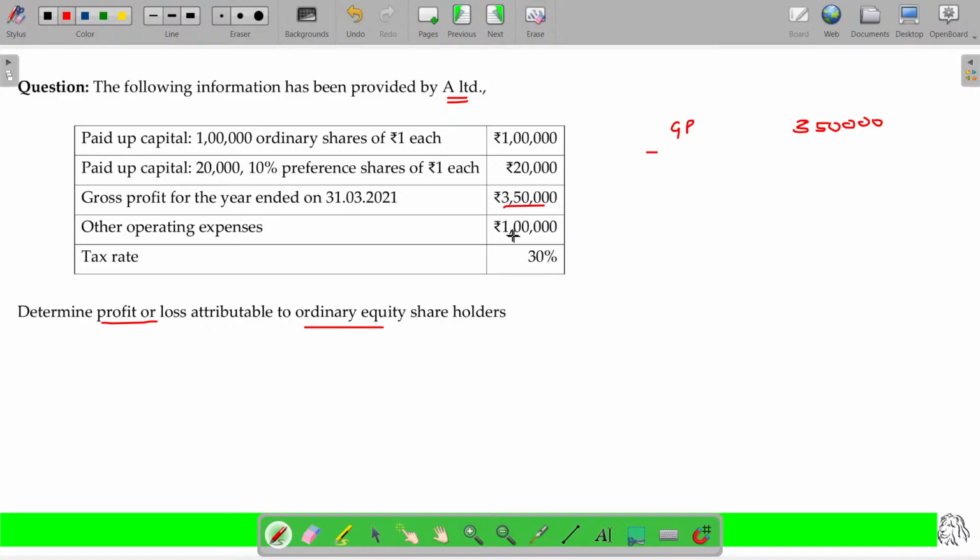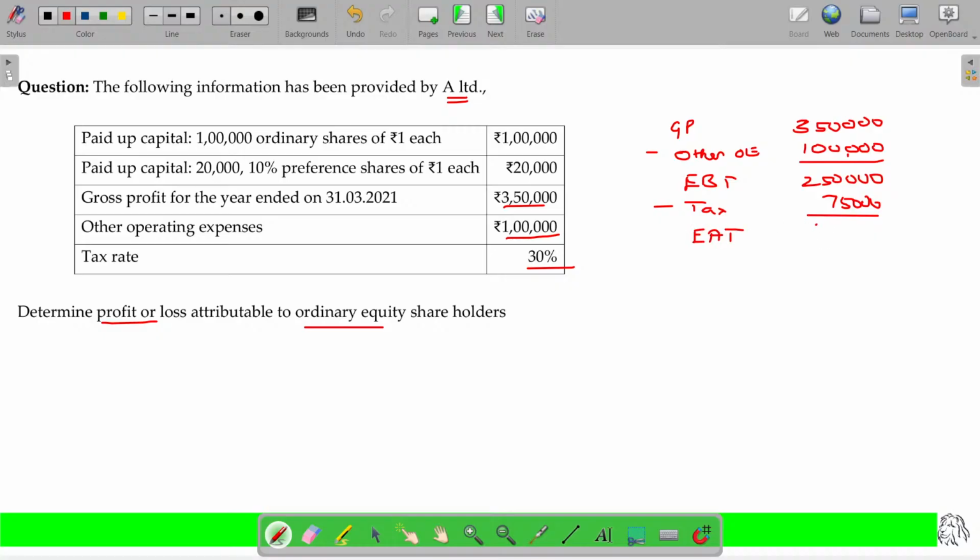And other operating expenses being 1 lakh, 2 lakhs 50,000. This is earnings before tax. Tax rate being 30%. 75,000 is subtracted to get the earnings after tax.